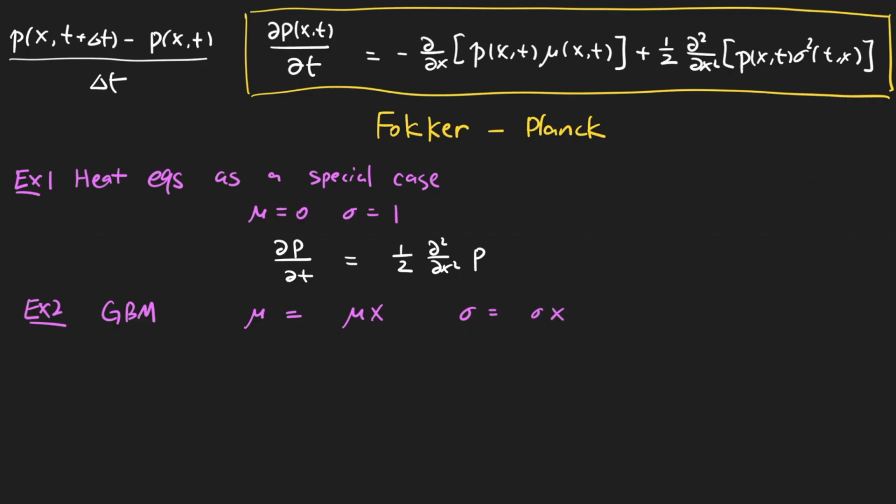Okay, so this notation is a little bit confusing. So the mu and sigma here, these are the constants. Okay, so now we can just plug it into the Fokker-Planck equation.